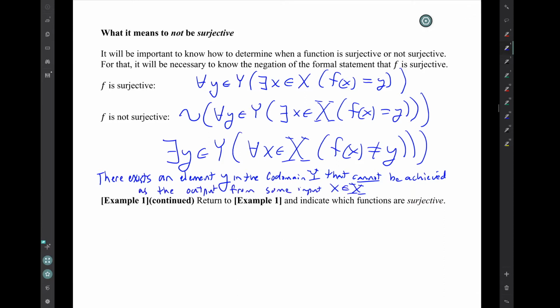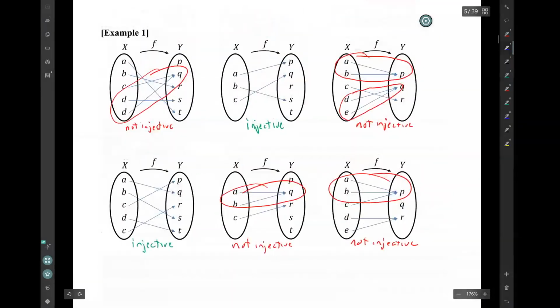All right, so for our first example about surjective functions, let's go back to example 1 and indicate which of those functions are surjective. Look at the first diagram. I have an element in the codomain that is not an output for any of the inputs, so this is not surjective. Look at the second diagram. I have two elements of the codomain that are not outputs for any input. But look at the third diagram.